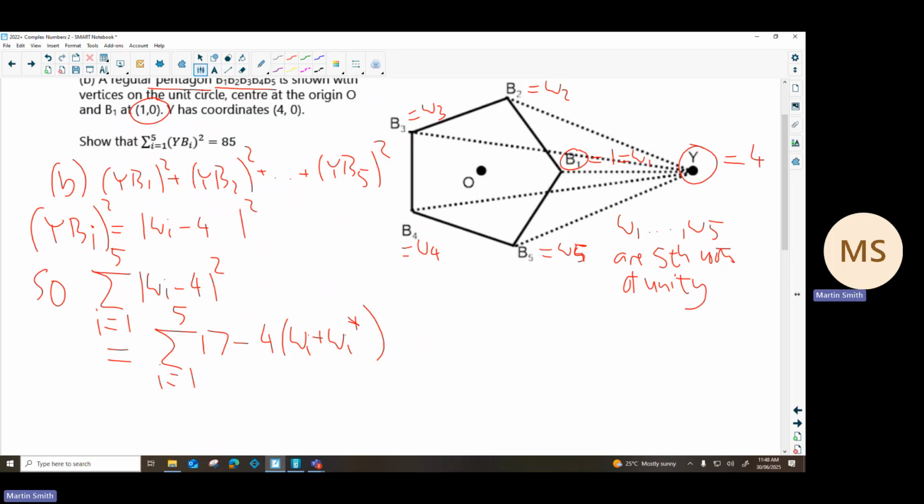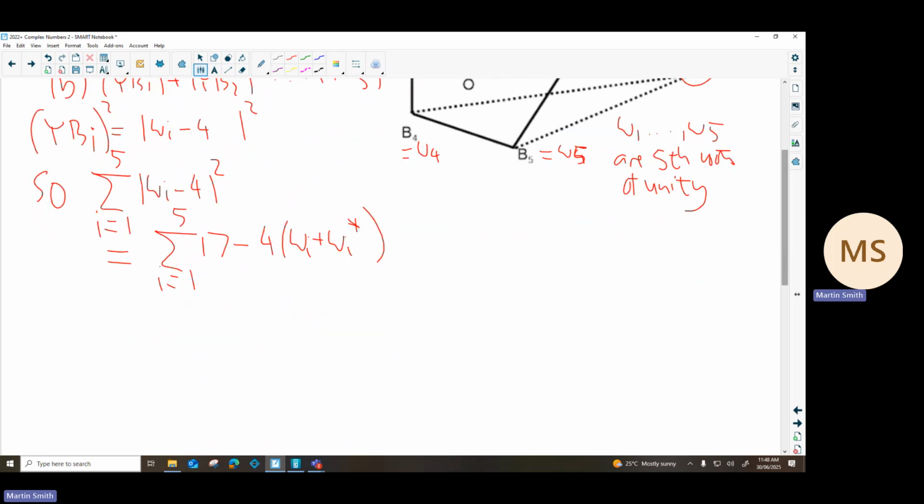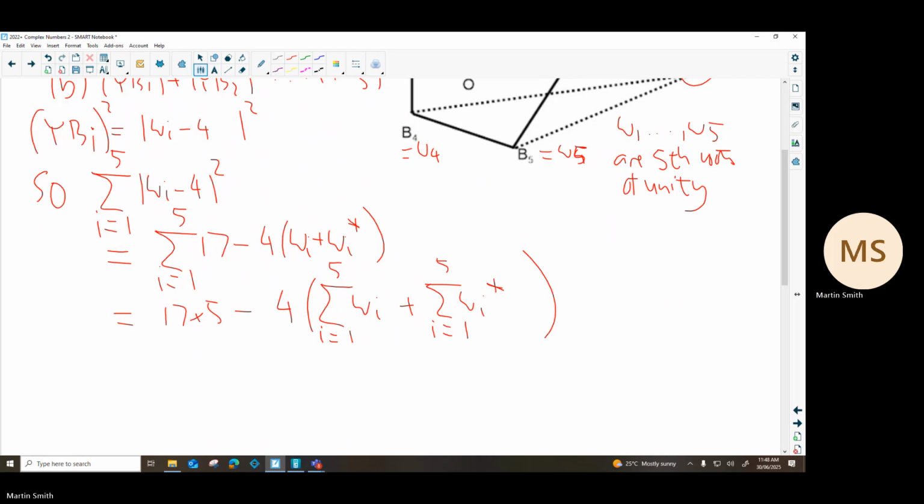Now we can do something with that using our knowledge of sigma notation. So this is like 17 added on 5 times. So 17 times 5 minus 4 times the sum from i = 1 to 5 of Wi plus the sum from i = 1 to 5 of Wi star. That's just splitting up into sigma notation.